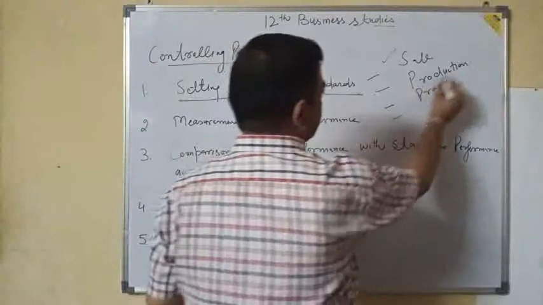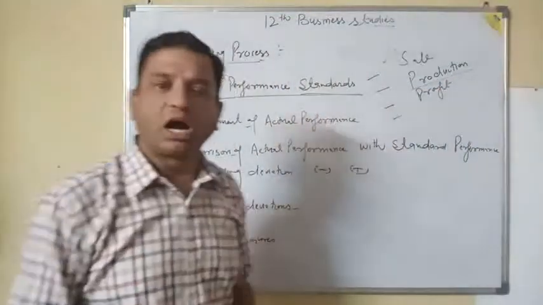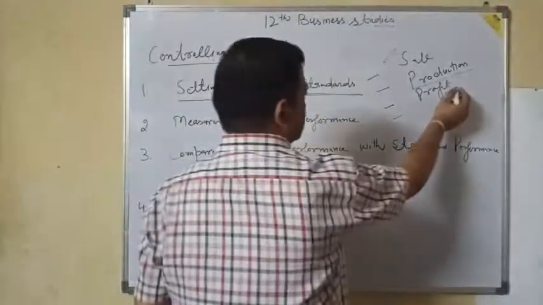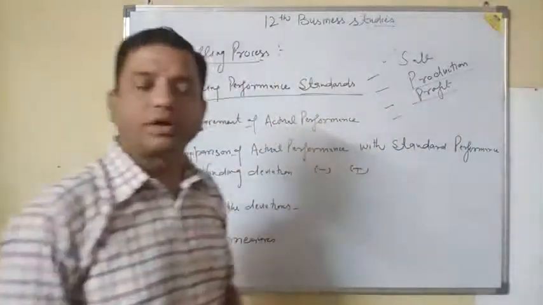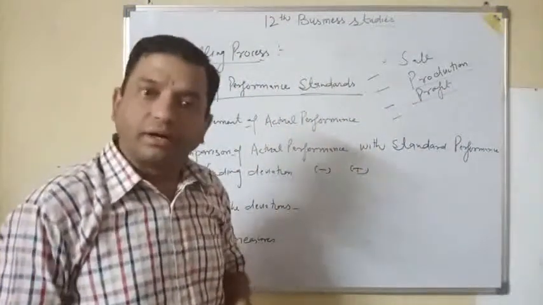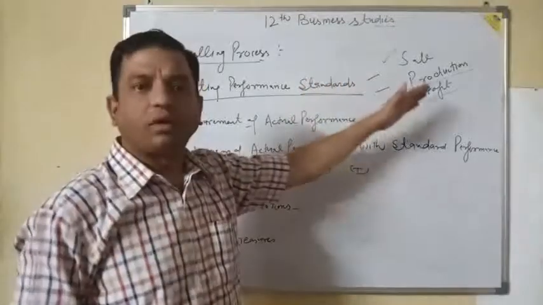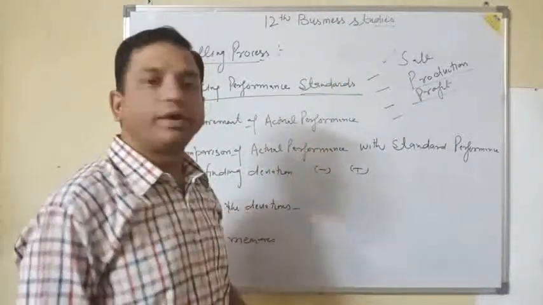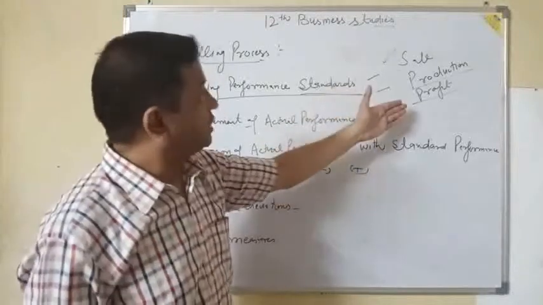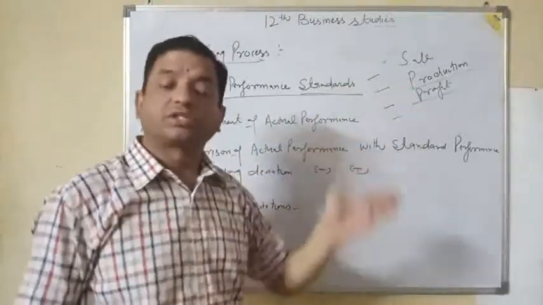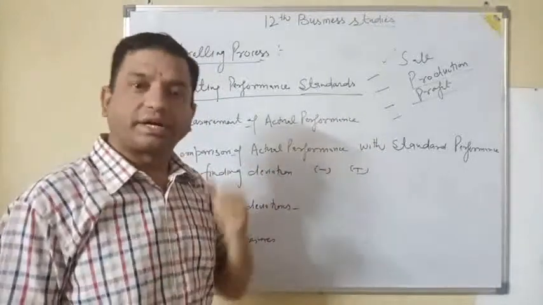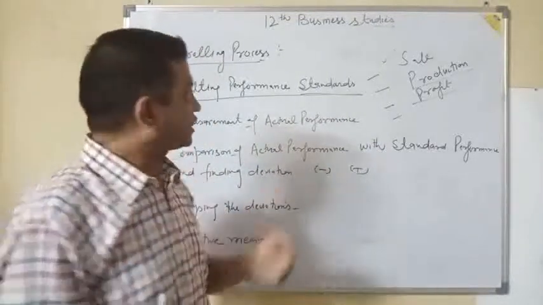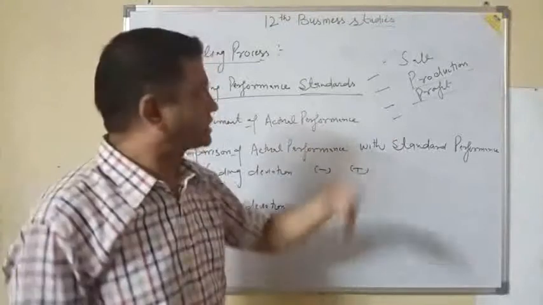For the production department, it may be production output, and for the finance department, it may be profit or rate of return. So it depends upon the different situations what type of standards you are going to set. These are called quantitative standards. The standards may also be qualitative. The product should be of good quality, the product should be of export quality, etc.